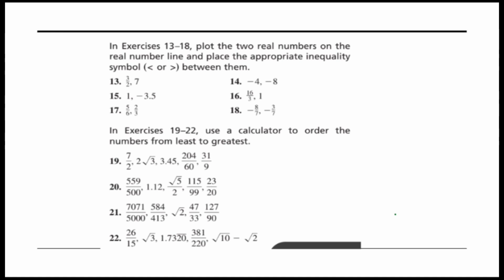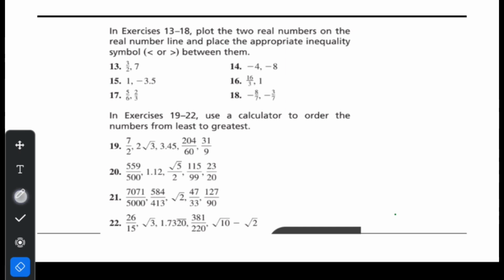The question says, plot the two real numbers on the real number line and place the appropriate inequality. For this, we need to see question number 13 first. Let's start with question number 13. In question number 13, we are given two numbers.